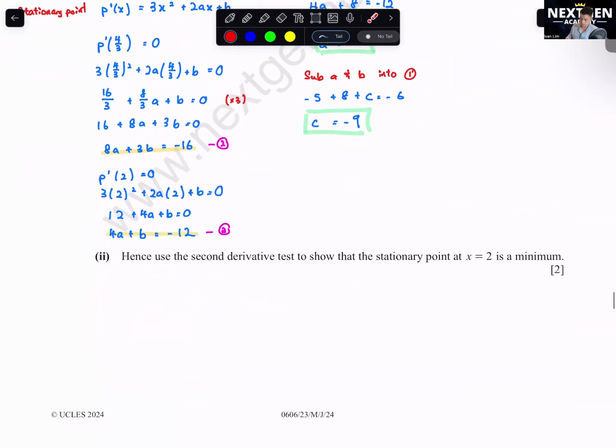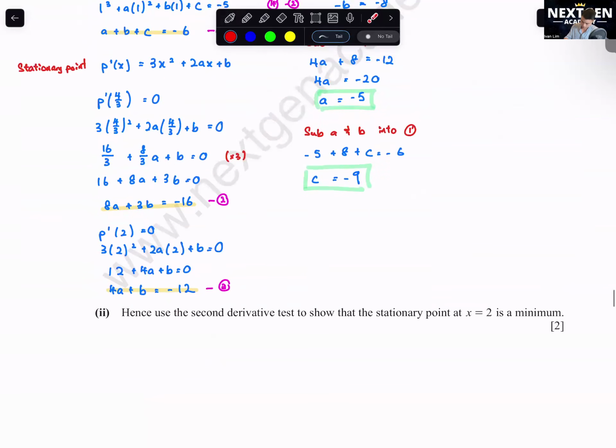Okay, number 2: hence use the second derivative test to show that the stationary point at x equals 2 is a minimum. Using the second derivative test to show that it's a minimum means you must show that your second derivative is more than 0. So we need p prime x.